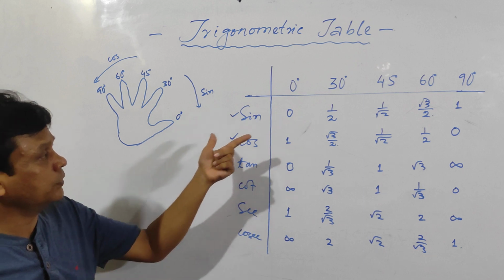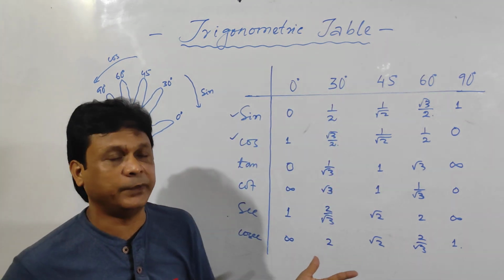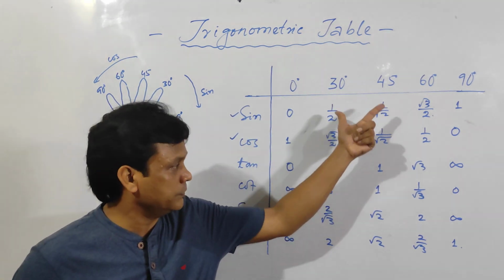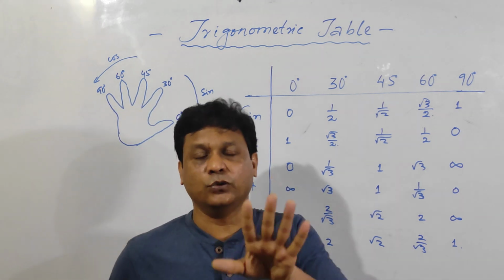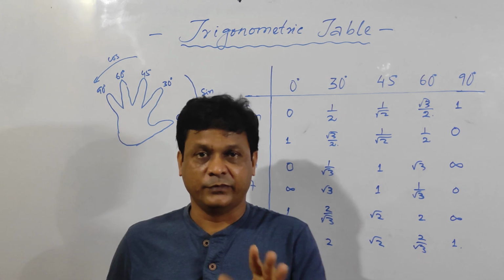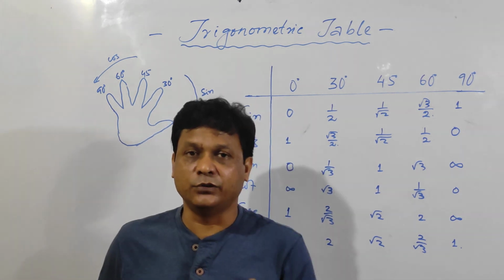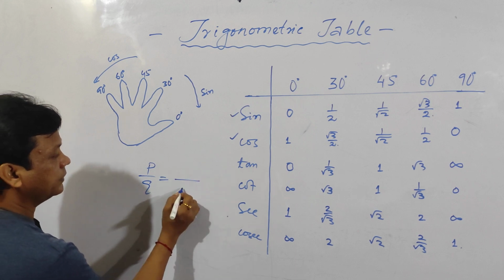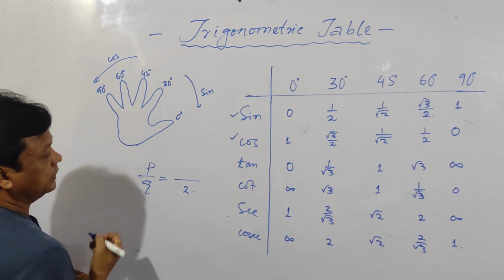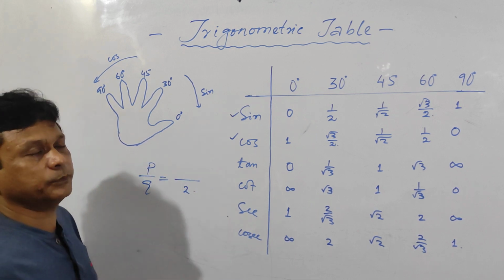Now how to find out? All these values are in the form of P by Q. So always take Q as 2. It is fixed. In P by Q form, always take Q as 2. And how to find out the values of P?